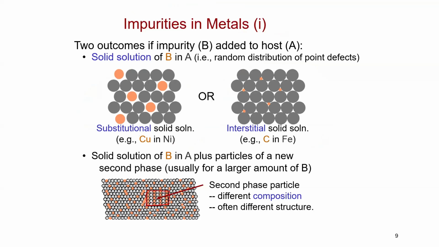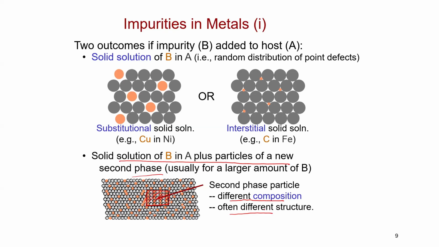That kind of solution defect we also call a solid solution of B in A, plus particles of a new secondary phase. So it's making a new secondary phase. This new secondary phase can differ in composition, or in structure, or both together.